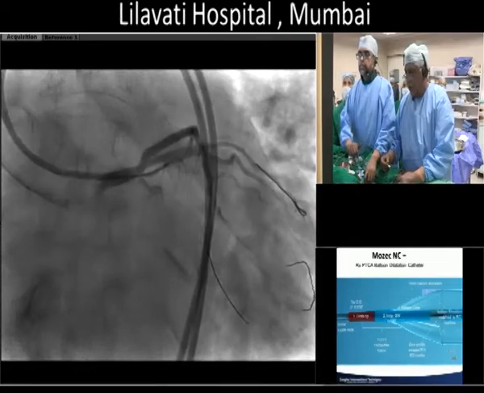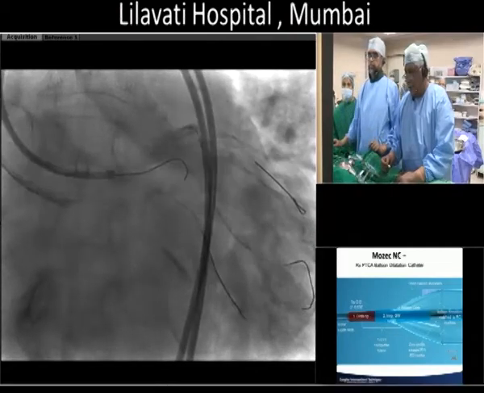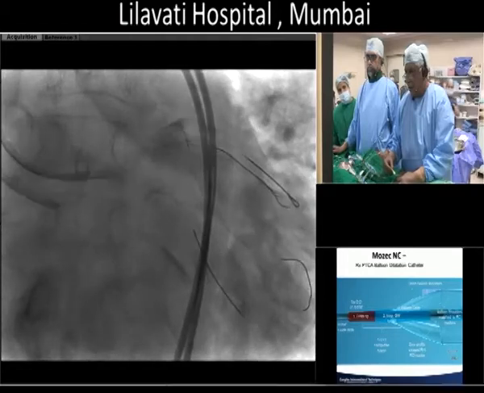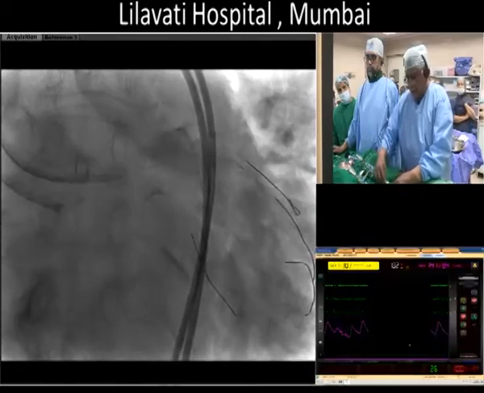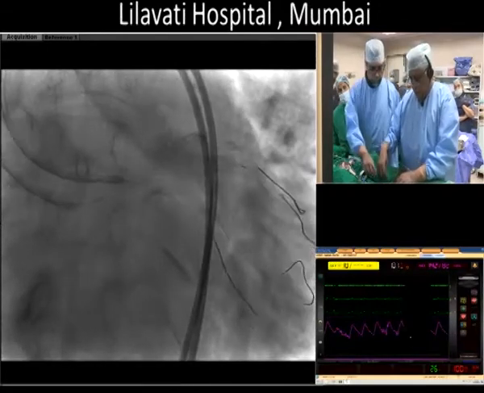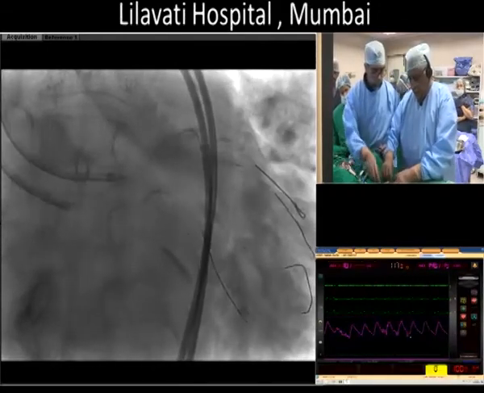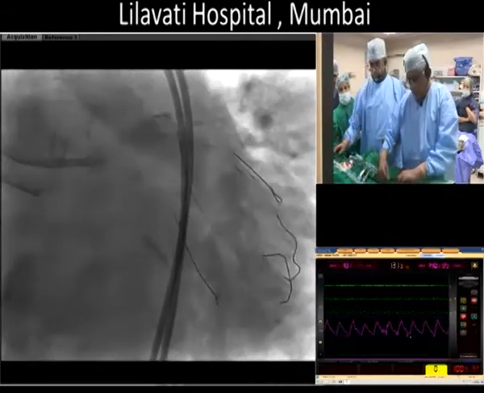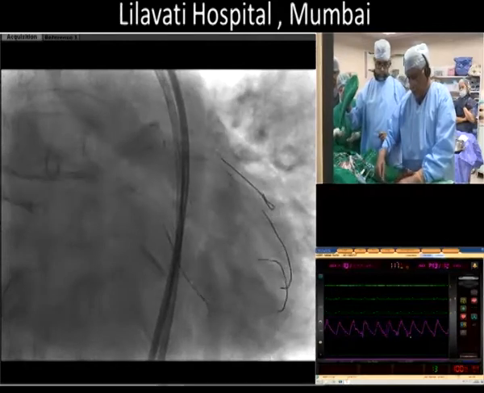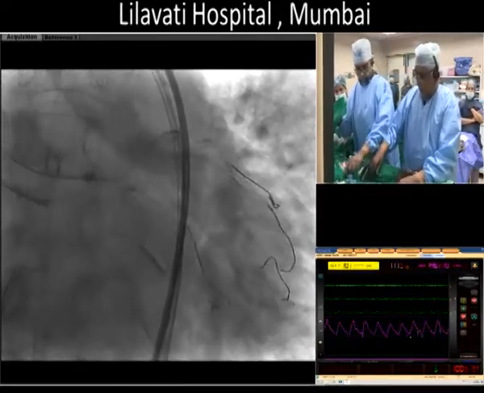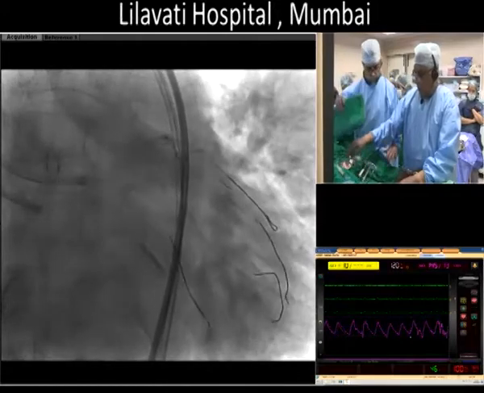Tend to be more difficult. Very nice. Okay. Draw sheet. Okay.